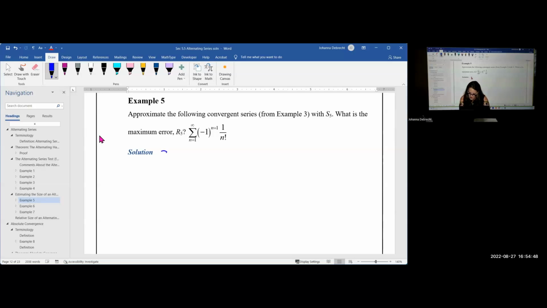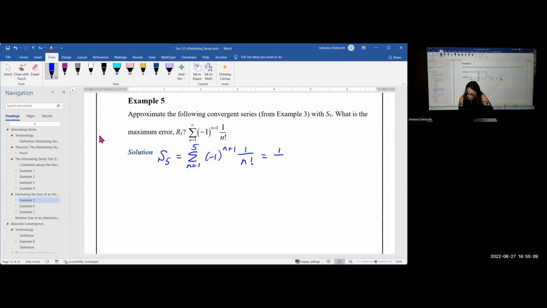So when we're looking at S5, we're taking the sum from n equals 1 to 5 of negative 1 to the n plus 1, 1 over n factorial. So first, n is 1. So the signs begin with 1 plus 1, which is 2, so squared. So it starts positive.